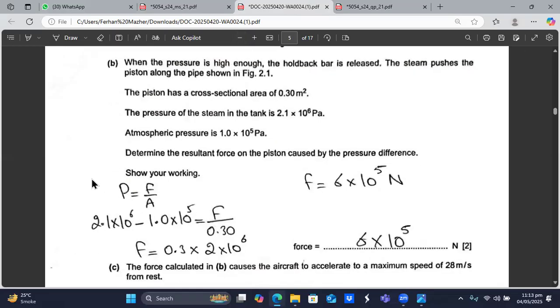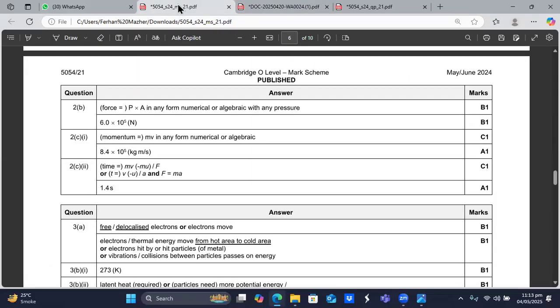And that will be equal to force divided by area. So (2.1 × 10^6 − 1 × 10^5) is equal to F divided by 0.30. So 0.30 multiplied by 2 × 10^6, and that is 6 × 10^5 Newton. So 6 × 10^5 Newton is the resultant force.